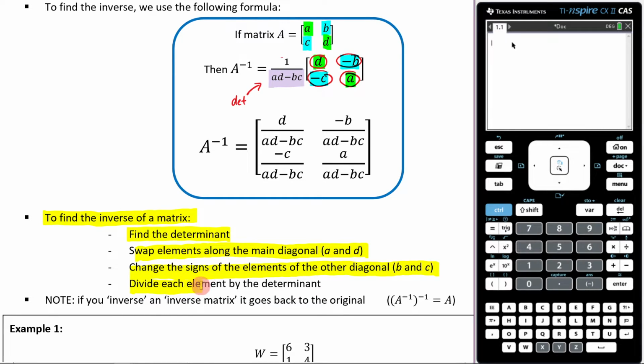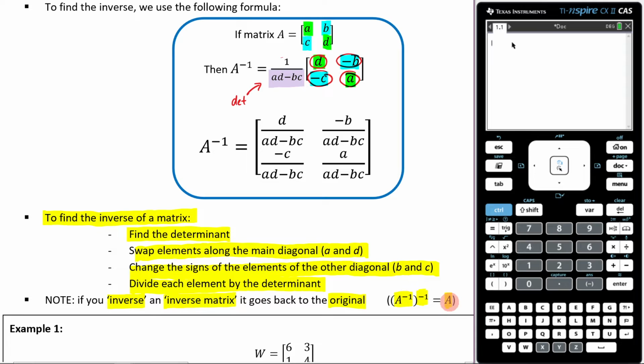Then divide each of the elements by the determinant. So as you can see here, we've gone D over the determinant, negative B over the determinant. And that's the same thing as taking this entire thing out the front and multiplying it by each of the elements there. Note, if you inverse an inverse matrix, then it goes back to the original. So the inverse of the inverse of A just goes back to A.